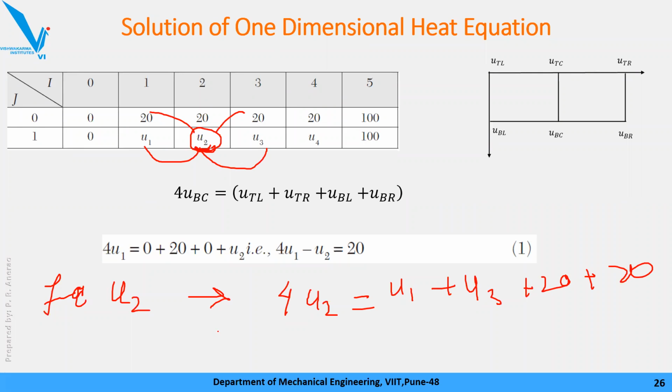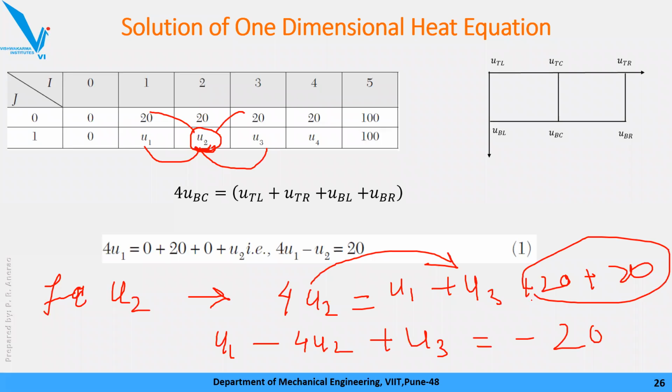Okay, so what you got here, u1 minus 4 u2 plus u3 equal to minus 20. Okay, so मैंने क्या किया, ये इधर लेके गया, and this total onto the right hand side. Okay, so you got this equation, second equation.